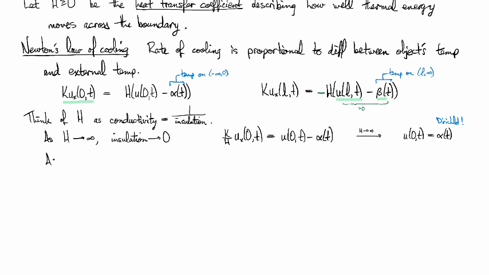On the other hand, if we take h to 0, so it becomes maximally insulated, so that there's no way that energy can get through the boundary, then looking at the equation, and I'll just rewrite it again with the h back on the other side.